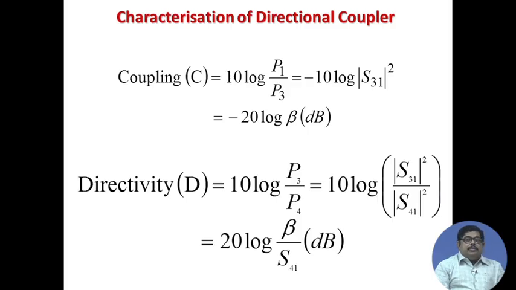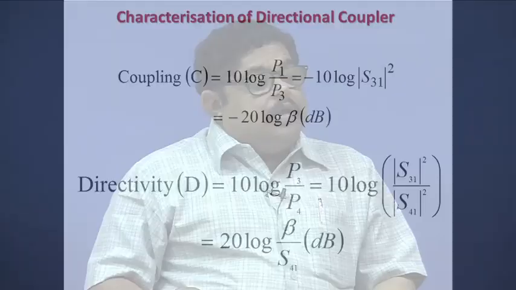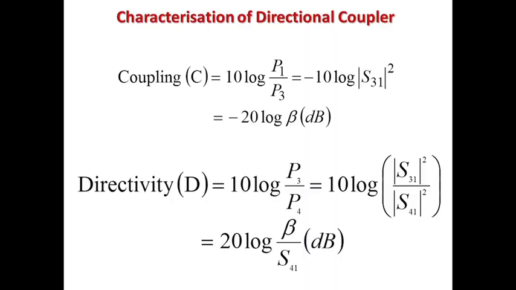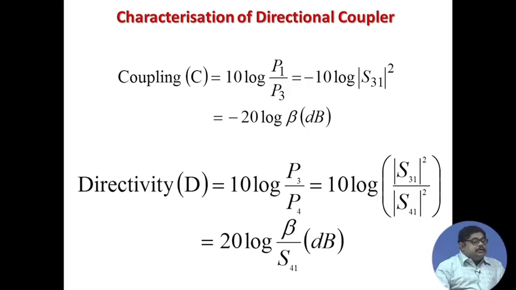For coupling, suppose we say a 10 dB coupler, that means that out of whatever power I am giving, one tenth is going to the coupled port. We write that as 10 log P1 by P3, and in terms of S31, which we have chosen to be beta, I have written it as minus 20 log beta in dB.